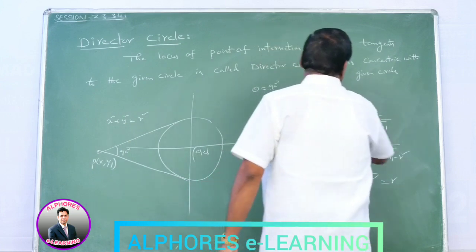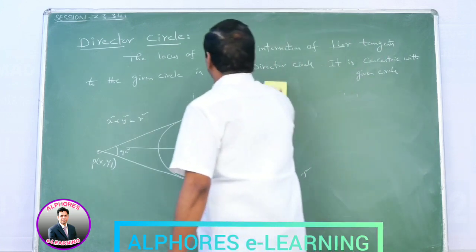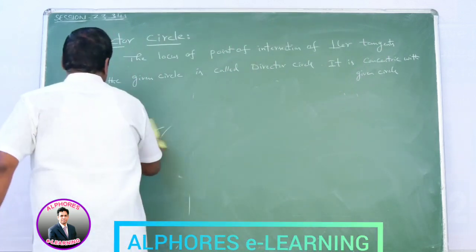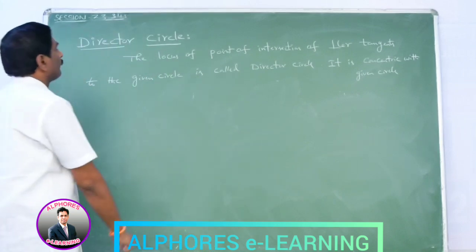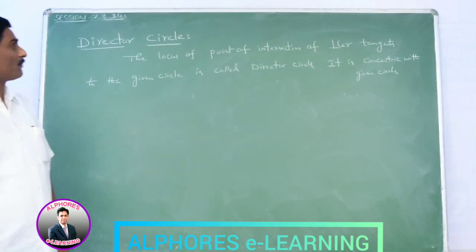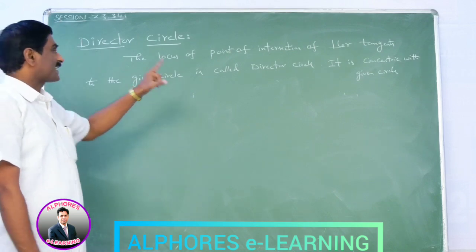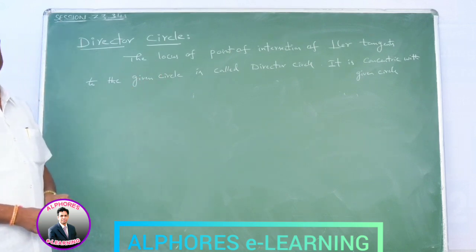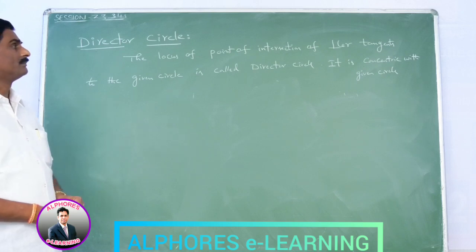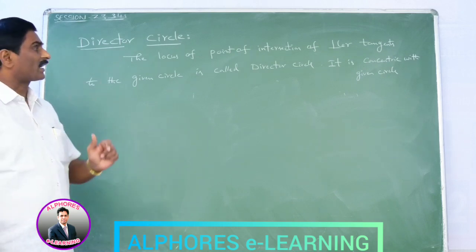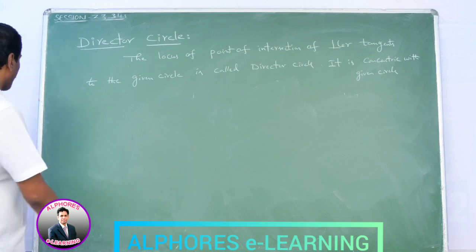Director circle. The locus of the point of intersection of perpendicular tangents to the given circle is called the director circle. It is concentric with the given circle.